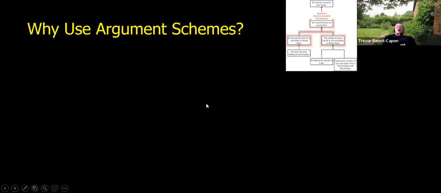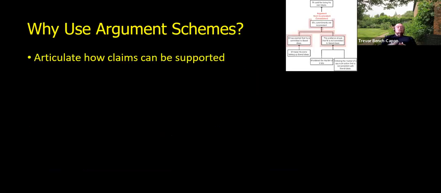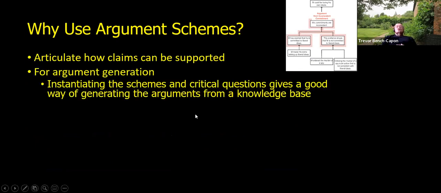So why use argument schemes? Well, I find them convenient to articulate how various claims can be supported. They can be used for argument generation. They can instantiate the schemes and the critical questions from a knowledge base.